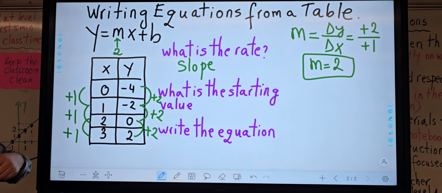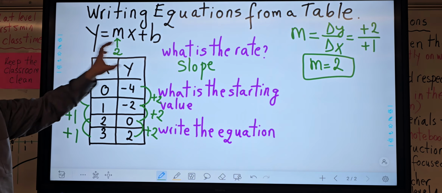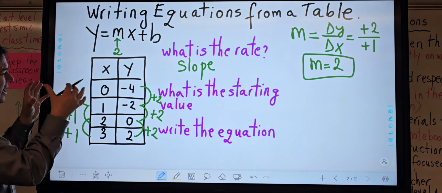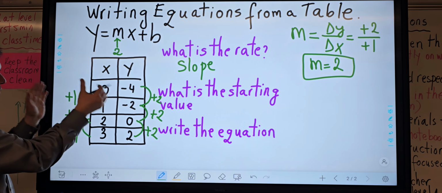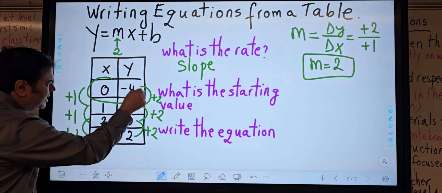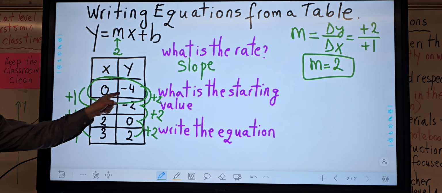Now let's try to find the b. Remember, to find the b, we are looking at the y-intercept. And we are looking at the ordered pair when x equals 0. So we are choosing this ordered pair. When x is 0, y is -4.